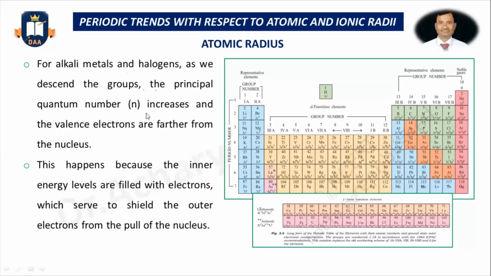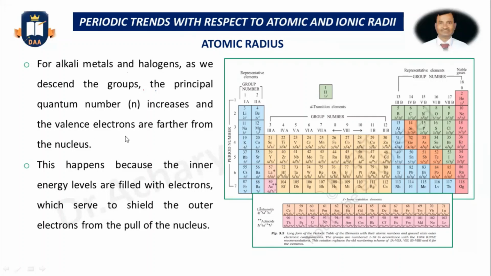The outer shell number is increasing, so the valence electron will be added further from the nucleus. That means the shell having principal quantum number 3 is at more distance than the shell having principal quantum number 2.